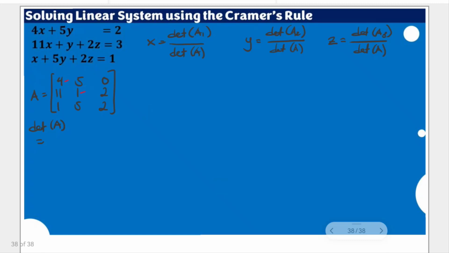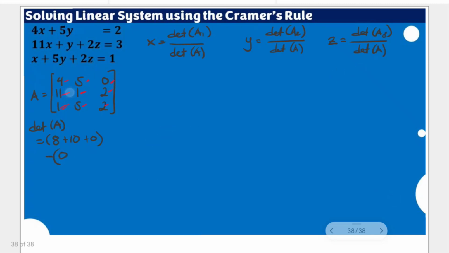We'll have 4 times 1 times 2. Our first result is 8. To be followed with 5 times 2 times 1. That's plus 10. Next, you have 0 times 11 times 5. You will have plus 0. Minus the next diagonal, 0 times 1 times 1. Expect to have 0.